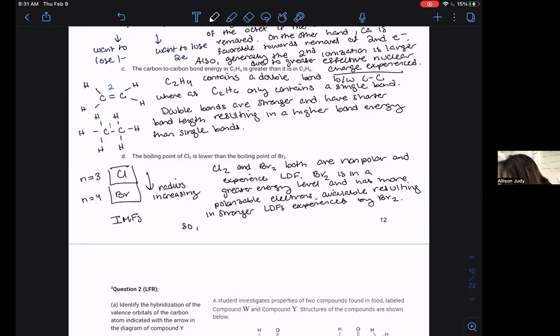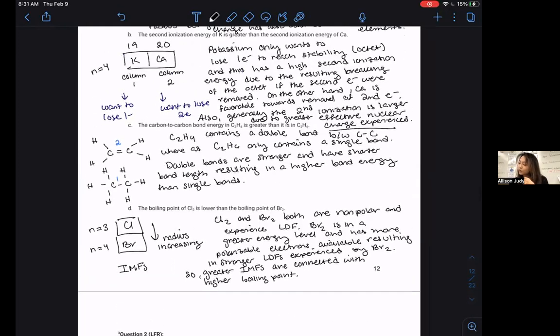So greater IMFs directly result in a higher boiling point, as it takes more energy to break apart those interactions. So that's kind of your overview right there.